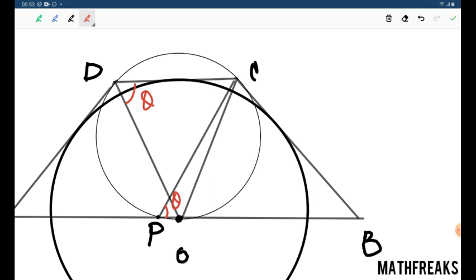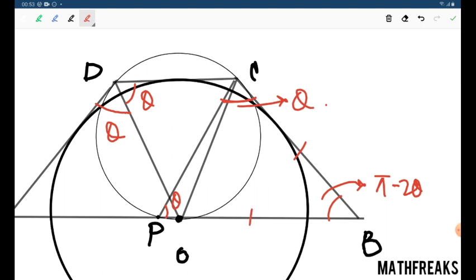Similarly, D is a tangent, so this will also be theta. This will be pi minus 2 theta. So this angle is going to be theta, which implies that BC equals BP.